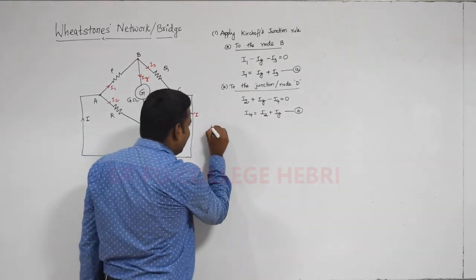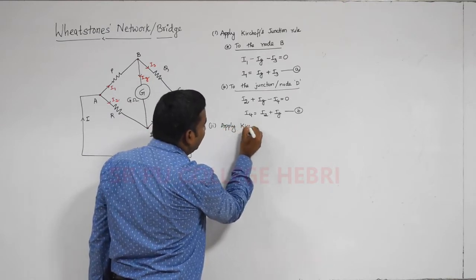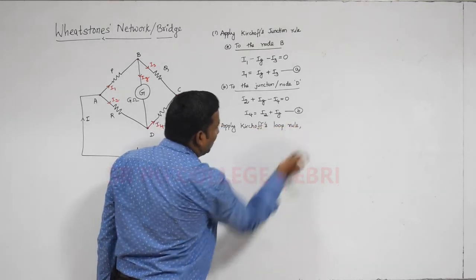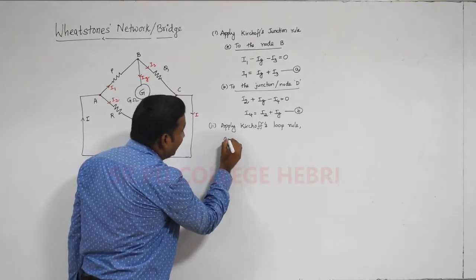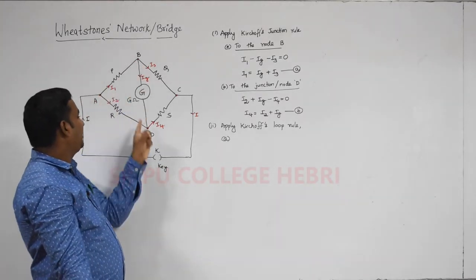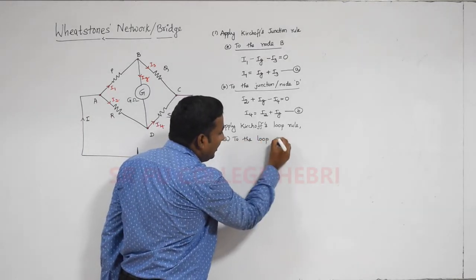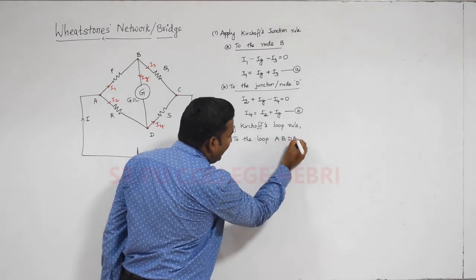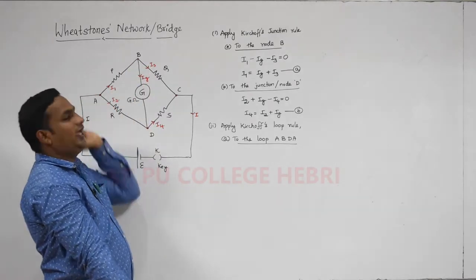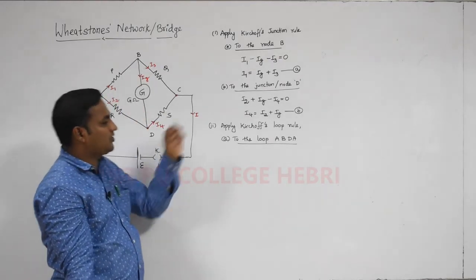First one, apply Kirchhoff's loop rule to the loop A B D A. That is nothing but this one, A to B, B to D, D to A. In case of loop A, B, D, A, we have to apply the Kirchhoff's second law.